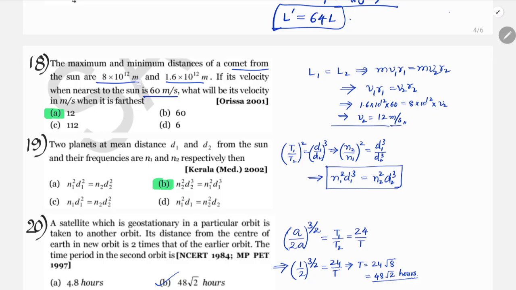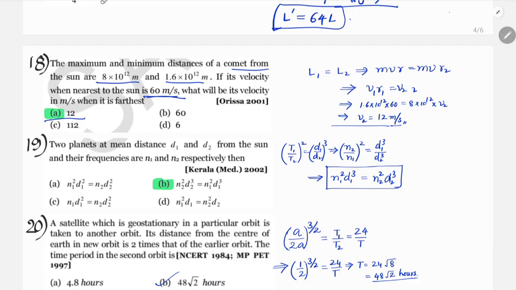When it is farthest, the velocity certainly decreases. Why? The areal velocity must remain constant. So that is the reason. You need to eliminate options like that at first, and then you can check.